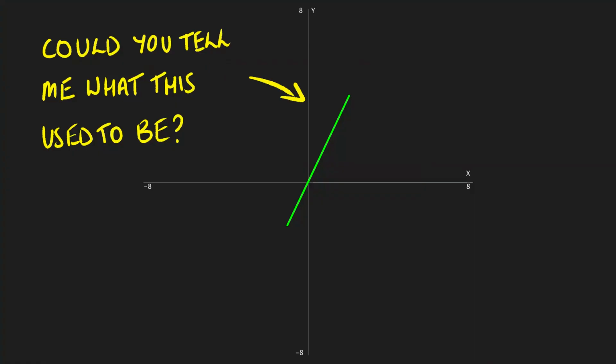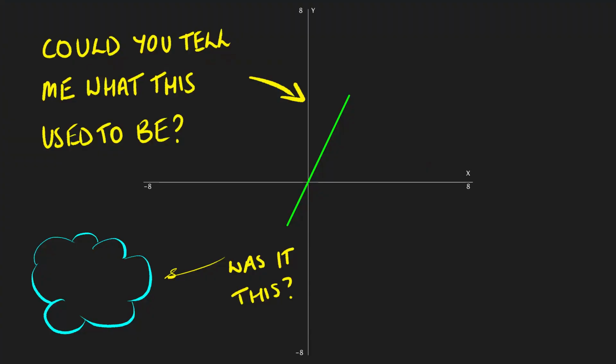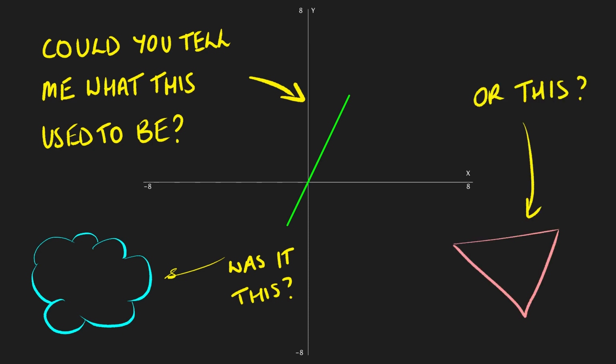But is there something else that this determinant equaling 0 is telling us about the system? Well, what if I was to give you this squished one-dimensional space and ask you what the original shape was? You wouldn't be able to tell me, would you? You wouldn't be able to say, oh, that was a unit square, or that was a cloud shape over here, or it was a triangle over there and it just got squished down to this space.